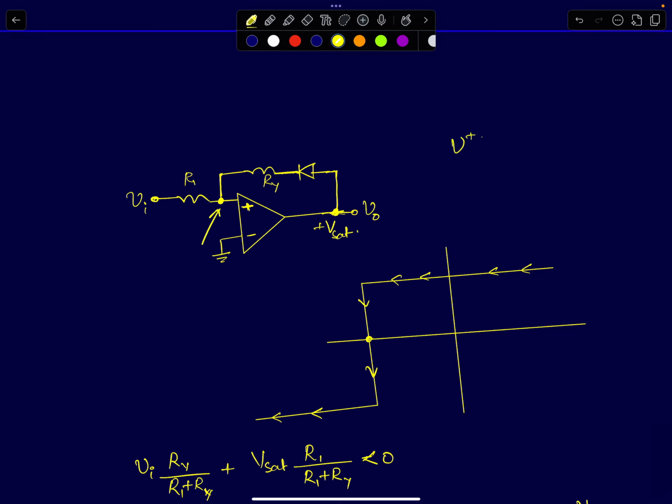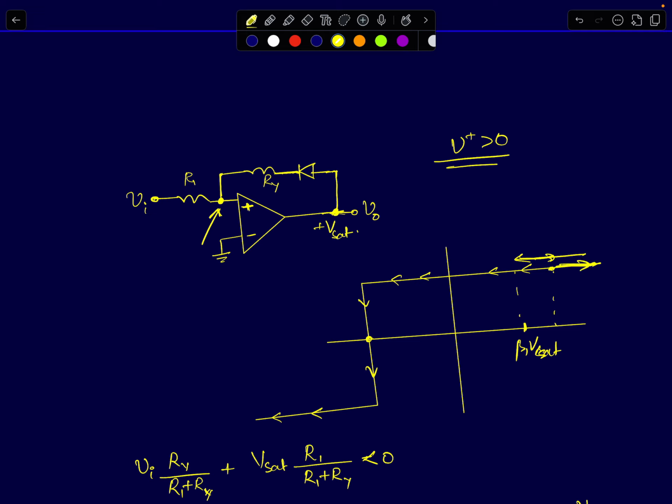V plus will be greater than 0, so the output will stay put at plus VSAT. Let's assume this is the point where the transition happened, beta 1 times VSAT. After this point, the feedback factor will be different, but even so, this node voltage will be positive. Therefore, the output will stay put at plus VSAT for any increase in this direction.